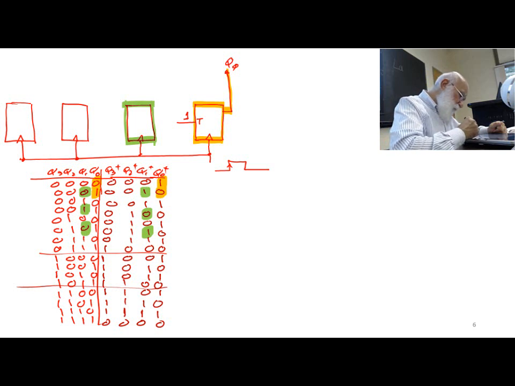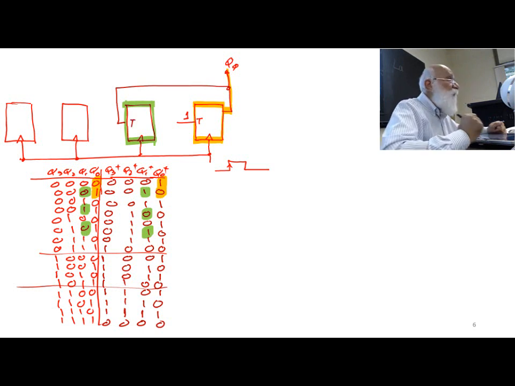Okay? So, what I'm going to do is take this output, bring it into the T input of the next one.